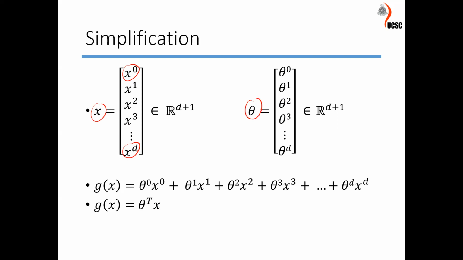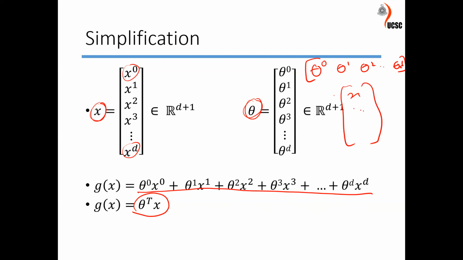This is the equation we have for our hypothesis, and we can make it simpler by writing it in this form, where x and theta are vectors. If you transpose this theta, you get theta naught, theta 1, theta 2, up to theta d, and then you can multiply it with x, which is another vector.